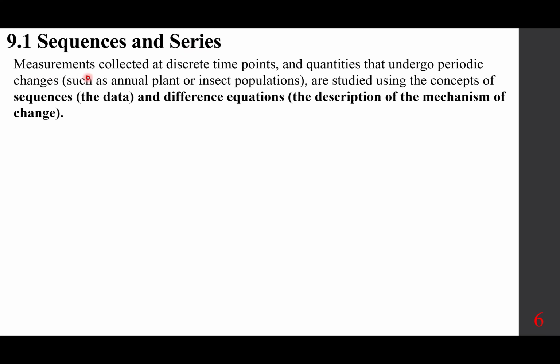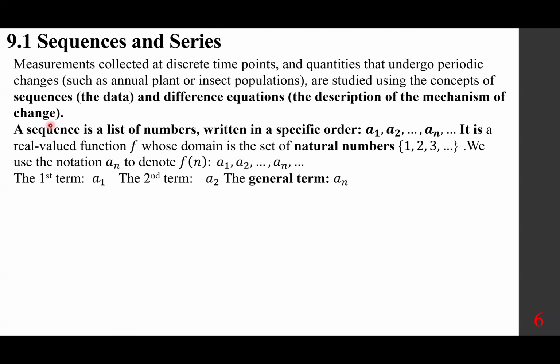Measurements collected at discrete time points and quantities that undergo periodic changes, such as annual plant or insect populations, are studied using the concepts of sequences, the data, and difference equations, the description of the mechanism of change. A sequence is a list of numbers written in a specific order, a sub 1, a sub 2, all the way to a sub n, and it continues.